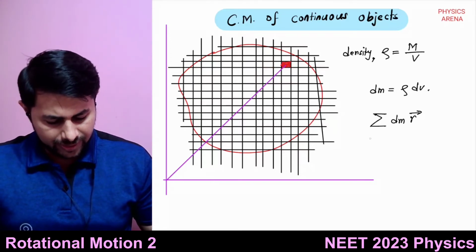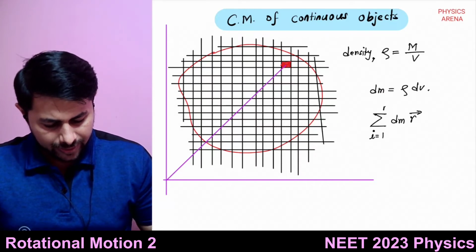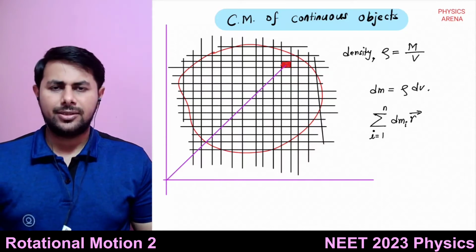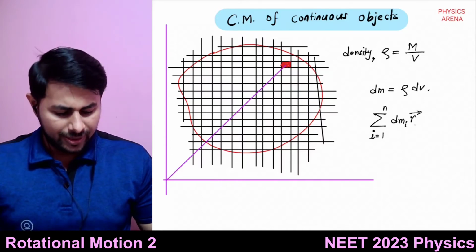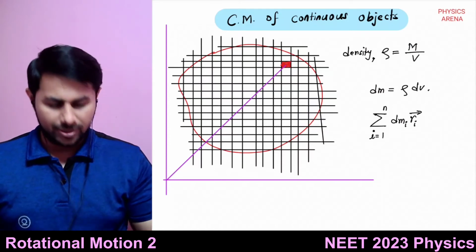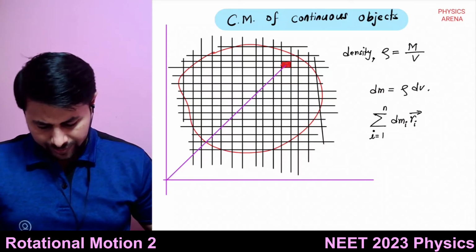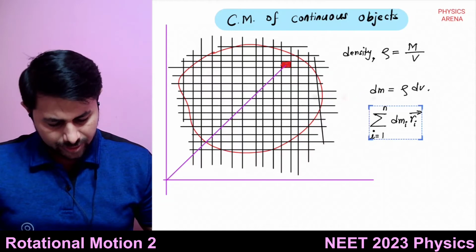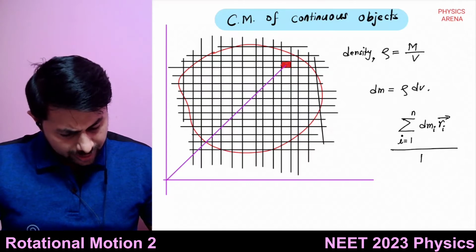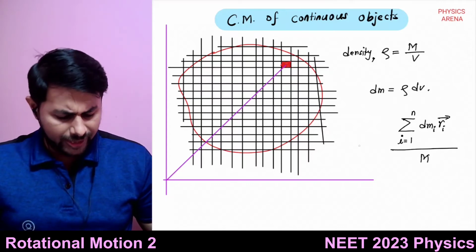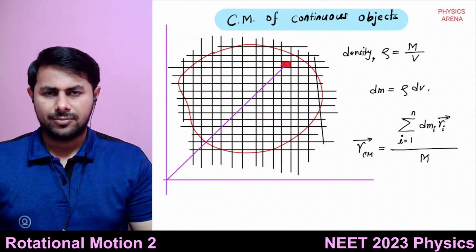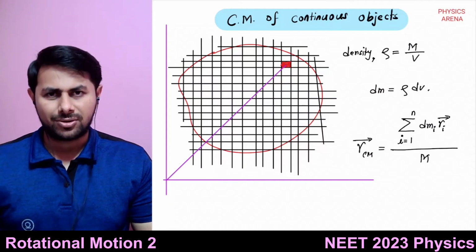There will be n pieces, i goes from 1 to n, and you find dm_i multiplied by r_i bar, summed over the entire body. This is the moment of these masses, and if you divide it by the mass of the body, you will get the position vector of the center of mass, right?